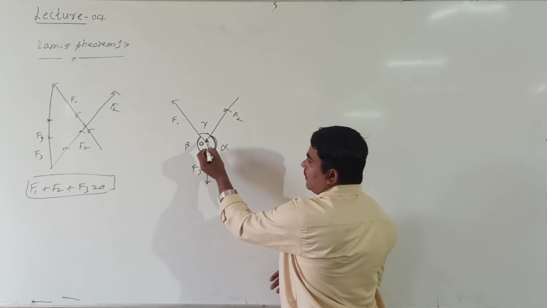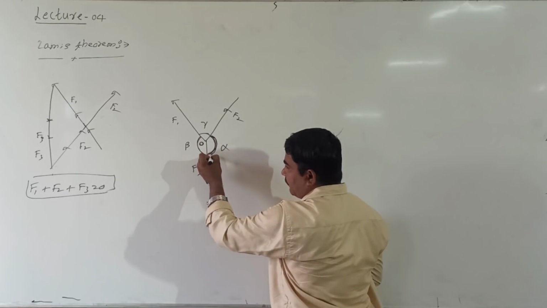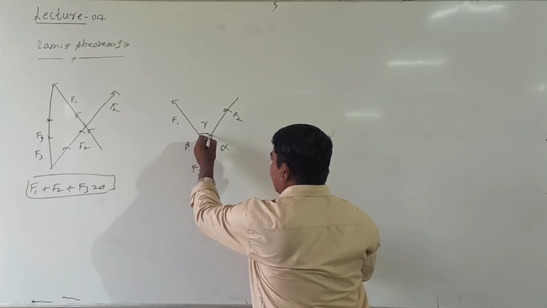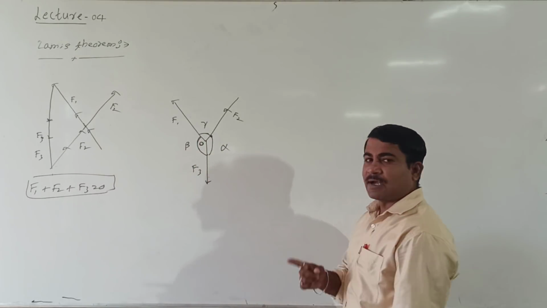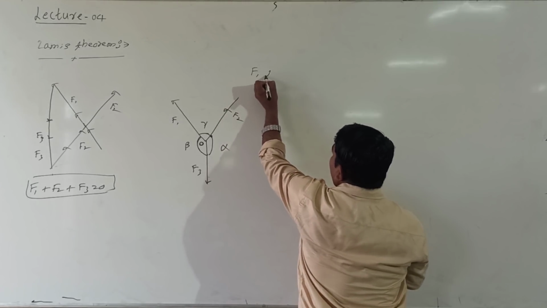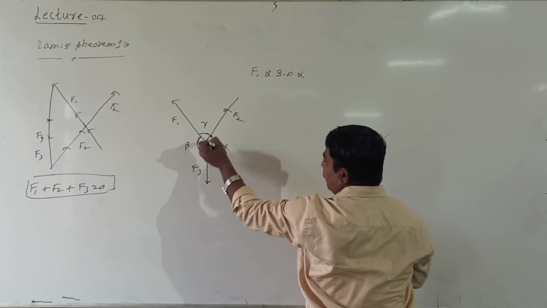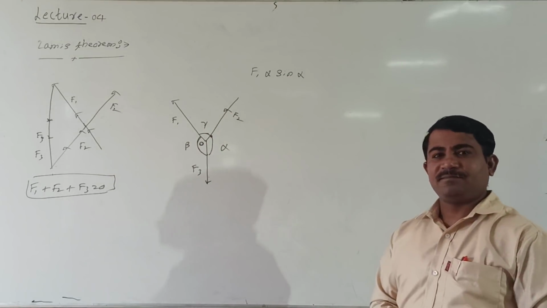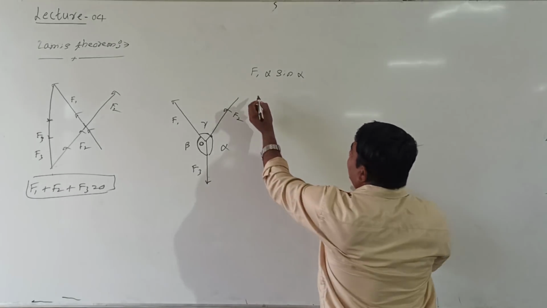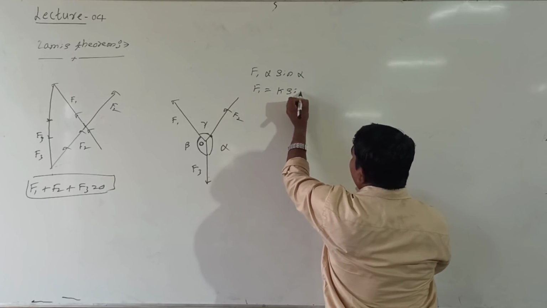Look at here, this angle I am taking. According to Lami, the magnitude of F1 is directly proportional to the sine of the angle between F2 and F3. Or the magnitude of F1 equals some constant into sine alpha.